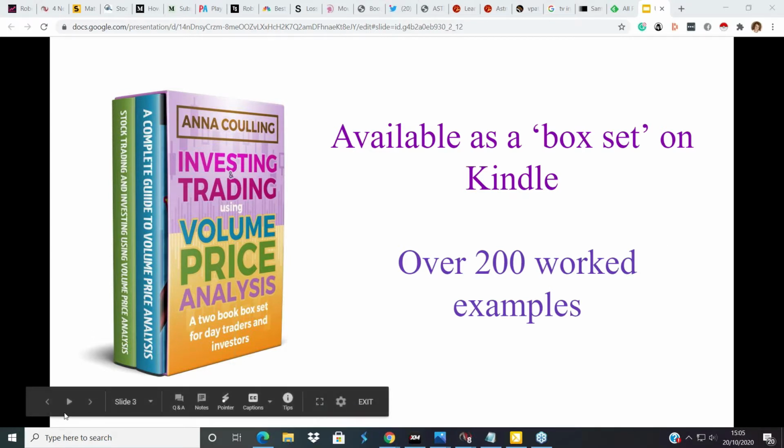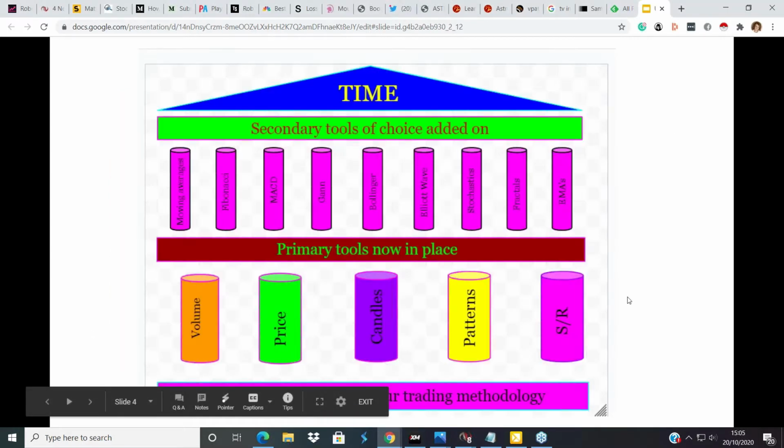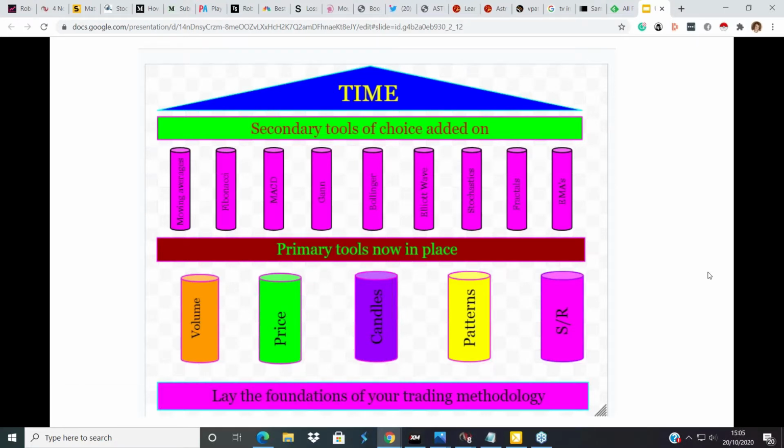So what I've also done, I've pulled up a slide which we've used in the past, as part of our Forex trading program, because it was brought back to my attention by one of our students, and it really encapsulated what VPA is and where it sits in your technical analysis approach.